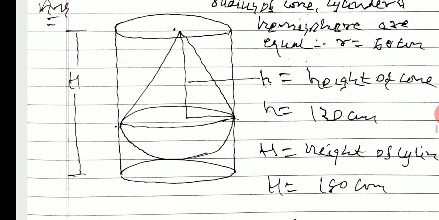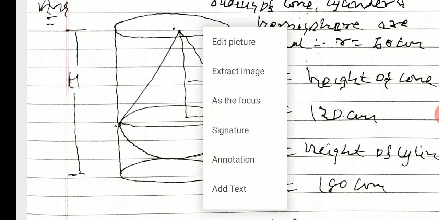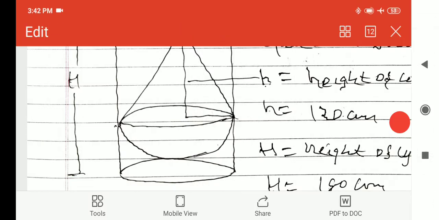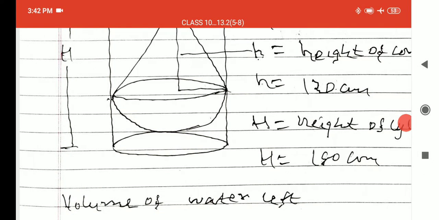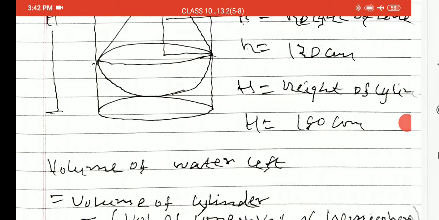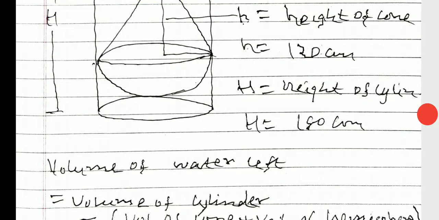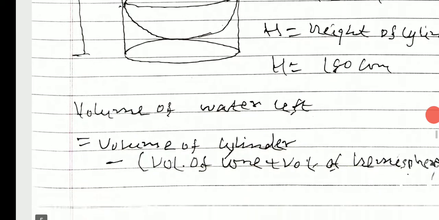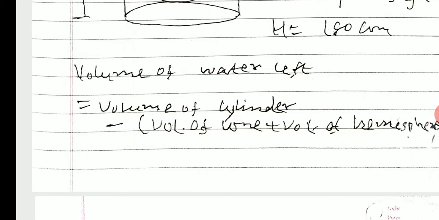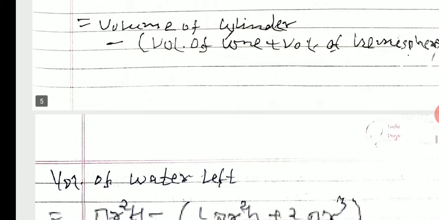Now small h is height of cone, then h will be 120 centimeter. Now, capital H is height of cylinder. It is H equal to 180 centimeter. Now, volume of water left equals volume of cylinder minus volume of cone plus volume of hemisphere.